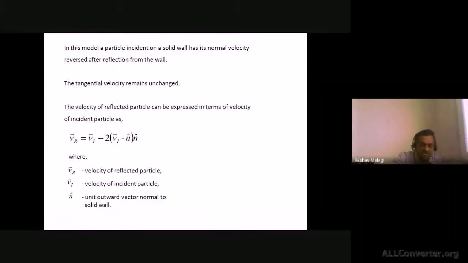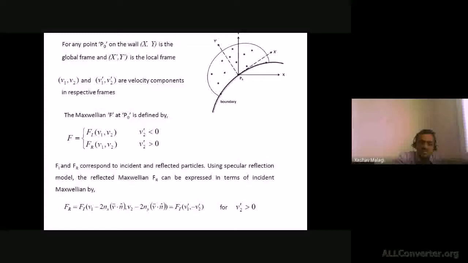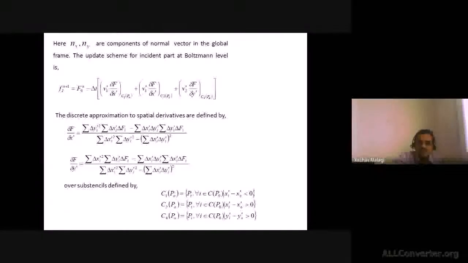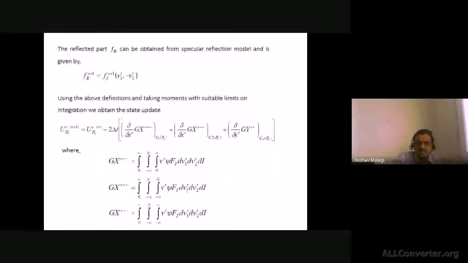If you use this, you can very well derive a boundary condition for the Euler equation. You split the Maxwellian into incident part and reflected part, and you can easily get the flux equation, the state update equation, which represents the solid wall boundaries for the Euler equation, where these fluxes have been defined with these moments. Okay.